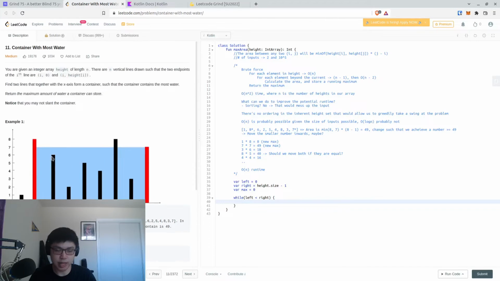Length of the array is at minimum 2, so we should be fine there. Val current area is equal to min of height at left, height at right, times right minus left.